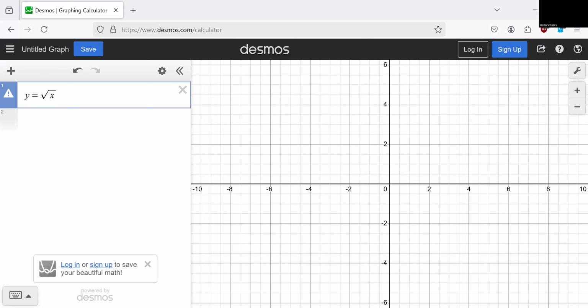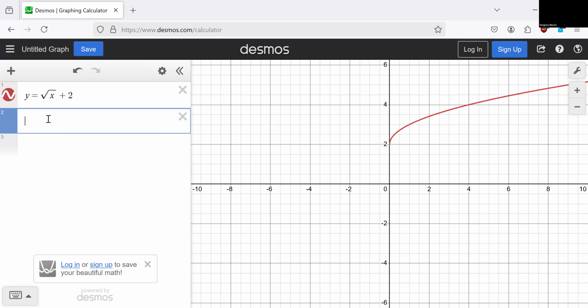Square root of x, get out of there, plus 2. Y equals negative x minus 2 squared plus 4.